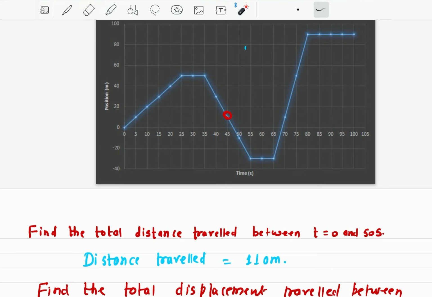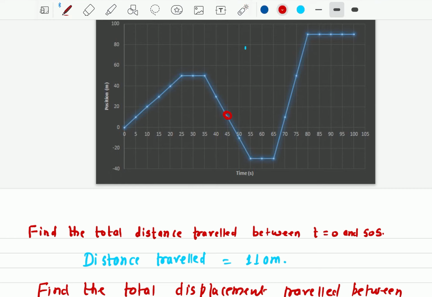It doesn't matter where you measure the slope at this point or anywhere in between, the slope would be exactly the same because it's a linear line. If I measure the slope of this line, at any point my speed would be exactly the same because it's a perfect linear line. So let's find out the slope of this line.